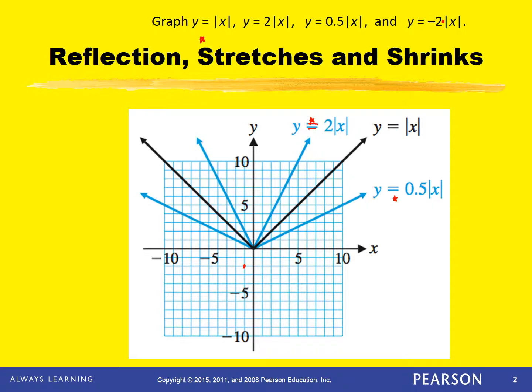So you're going to get points like 1, -2, 2, -4. And so your graph will look something like this.